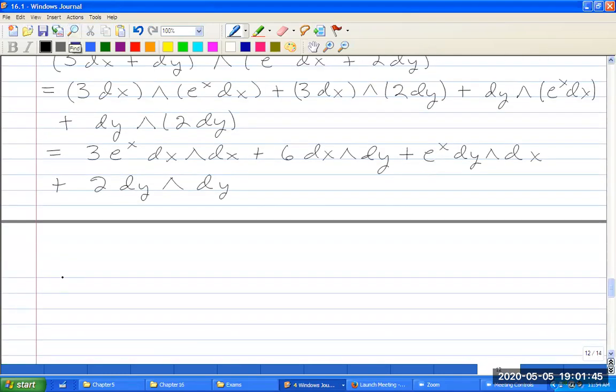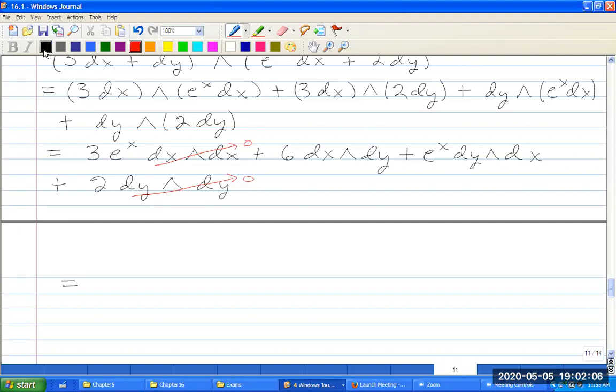So first off, note that if I have dx wedge dx, that's 0. So this guy here goes to 0. And this guy here goes to 0 also, a dy wedge dy. So anything that's repeated, I know that that's going to be 0.